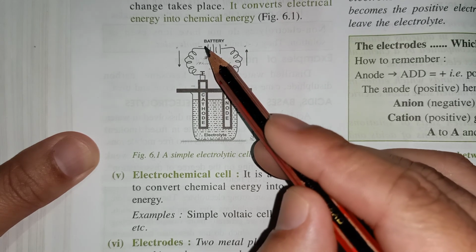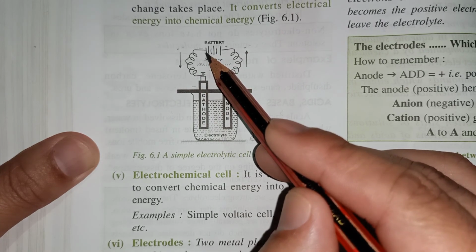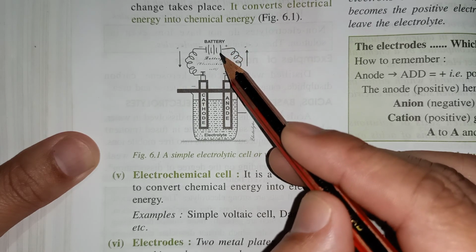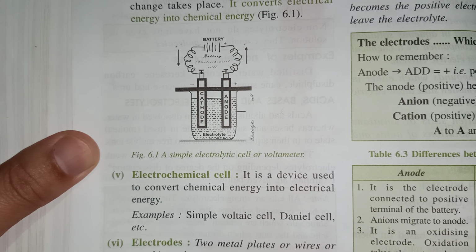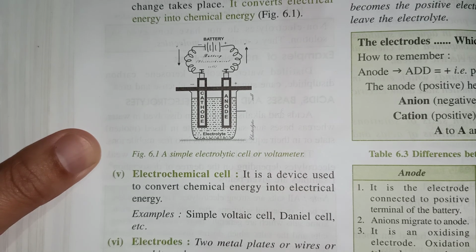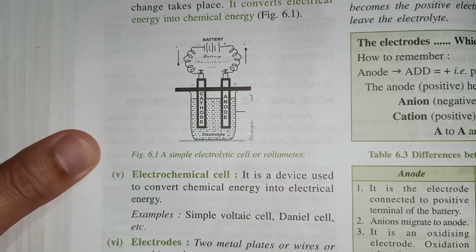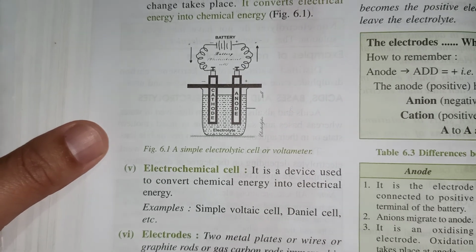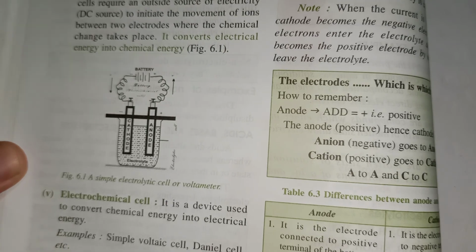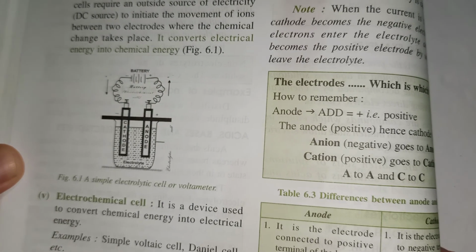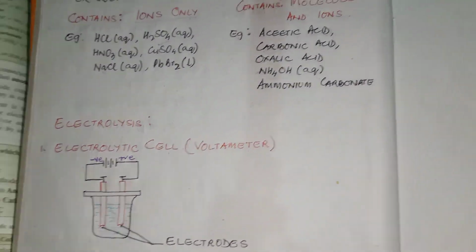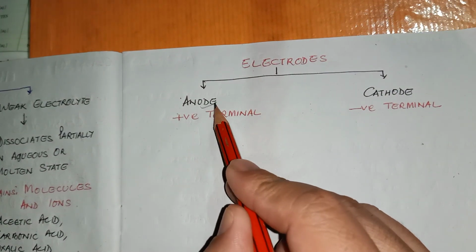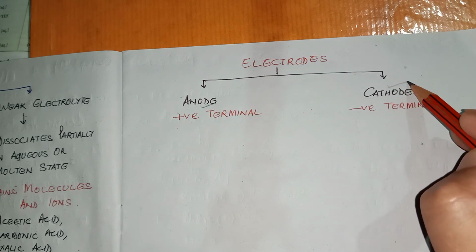The negative terminal is denoted by drawing a small short line, whereas the positive terminal is denoted by drawing a long straight line. Am I clear, boys? So electrodes are metal plates or wires or graphite rods or even gas carbon rods immersed in the electrolyte through which electricity enters and leaves the electrolytic cell. Now there are two types of electrodes, and they are anode and cathode.